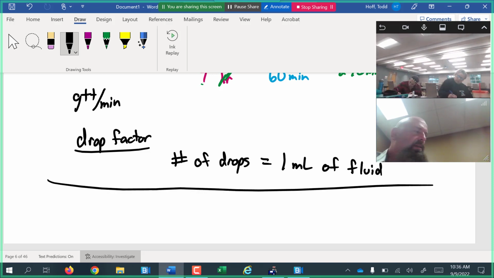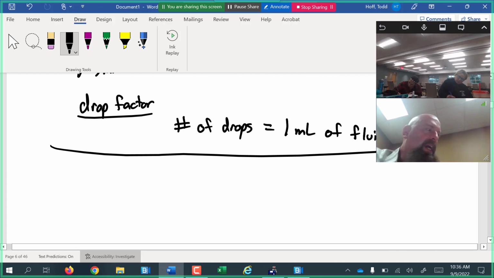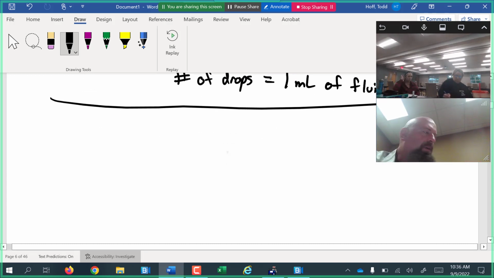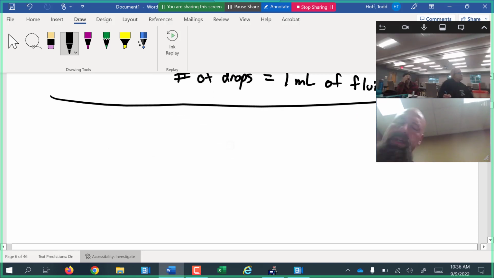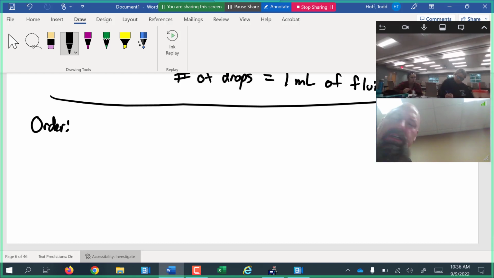So to use drop factor, we're actually going to use a full formula here. Let's do an order of 1,600 milligrams over 4 hours.